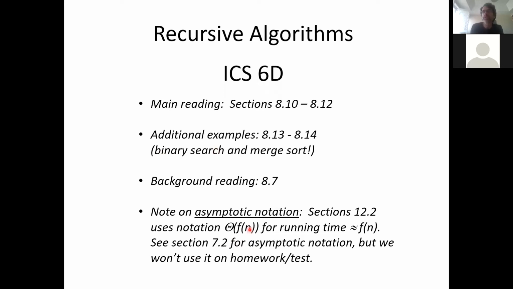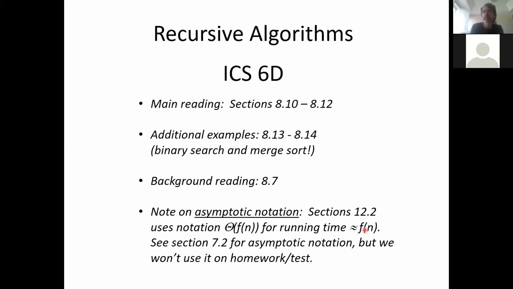So these are two different examples of functions f. And these sections will contain expressions like theta of some function of n, and you can read them as basically that it's approximately whatever this function inside is the running time.